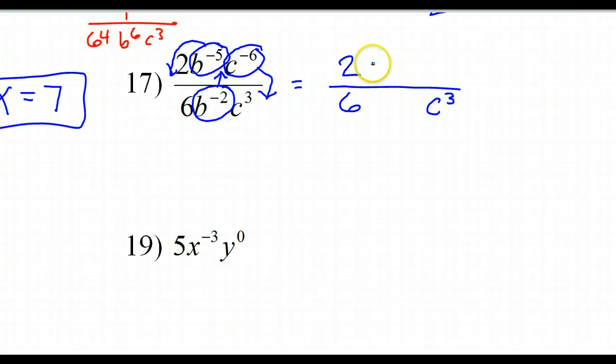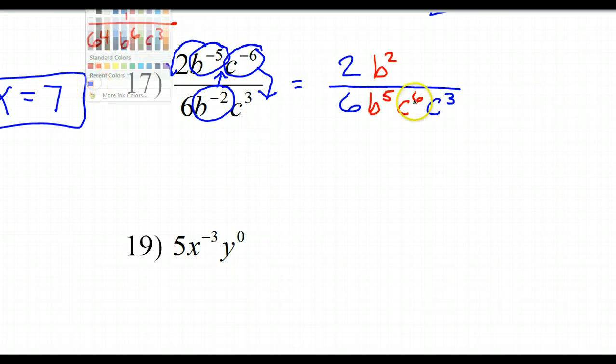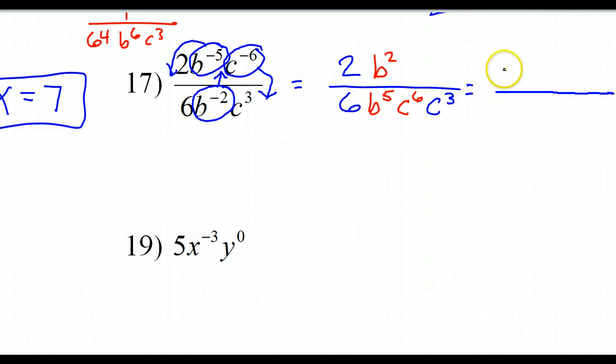So the b squared is going to come up here like that. The b to the 5th power is going to come down here like that. And the c to the sixth power is going to come down here like that. Now I can go ahead and simplify everything. So, 2 over 6 is going to reduce down to 1/3.